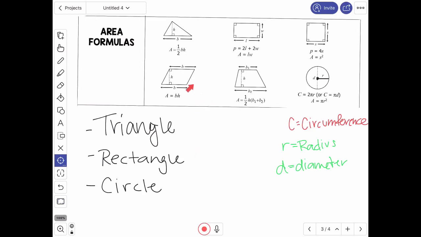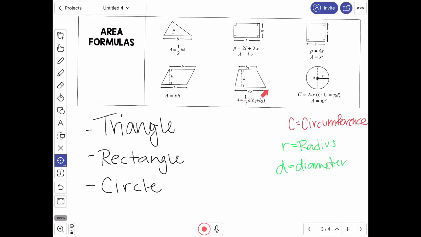But the last two on here are this, which hopefully you recognize as a parallelogram. For parallelograms, you're going to take the base times the height and just multiply those together to get the area. And then this is that last shape that we talked about briefly, a trapezoid. For a trapezoid, you're first going to take the bases.